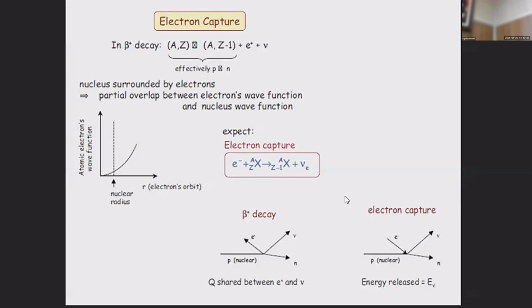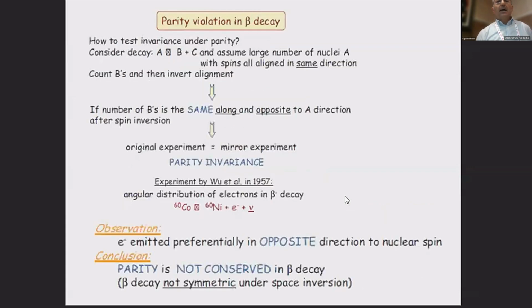Therefore, in beta decay an electron was escaping, whereas in electron capture, you are capturing an electron. These are two different competing processes.